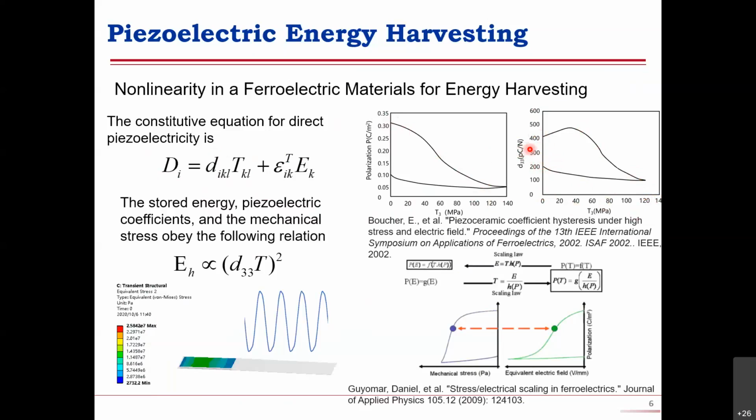And we can say that the harvested energy from the piezoelectric ceramics is proportional to the d33 squared. That means if the d33 decreases, even if we apply a very large mechanical stress, we don't harvest more energy.